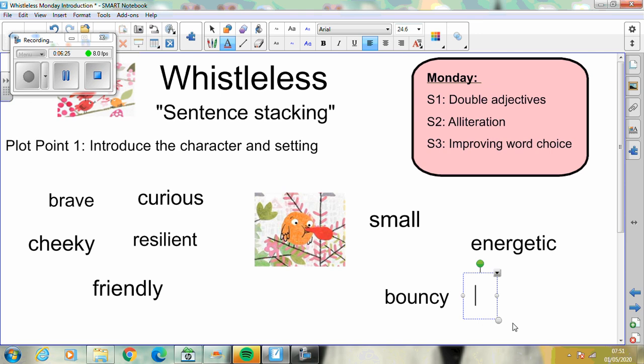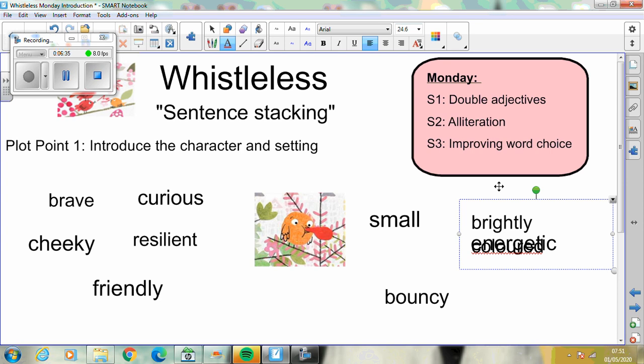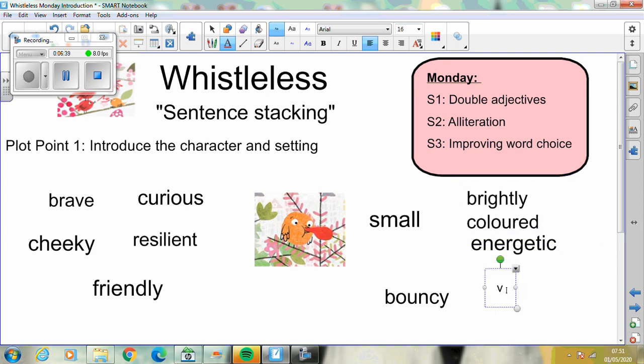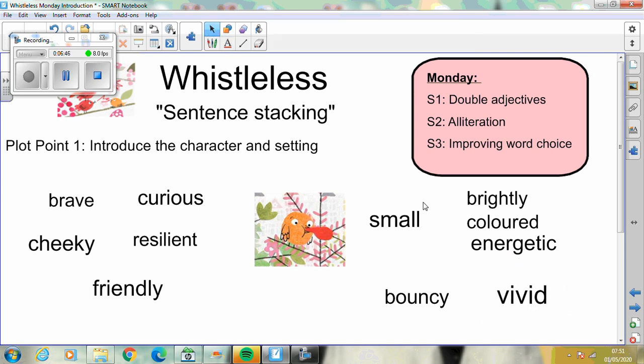I would imagine him to be brightly coloured. Vivid. Separate out these words.